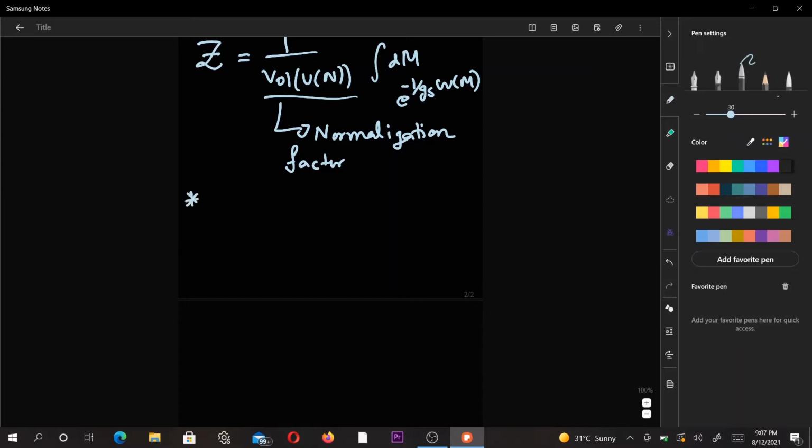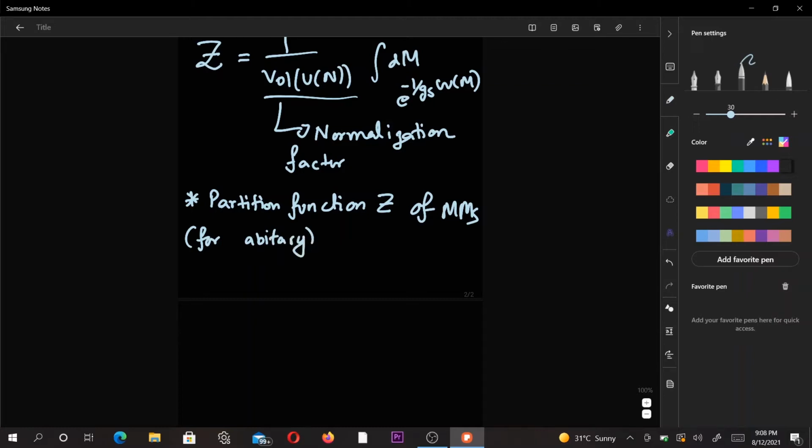Also, the partition function of matrix models, say for arbitrary p, if you remember, how do we do it?